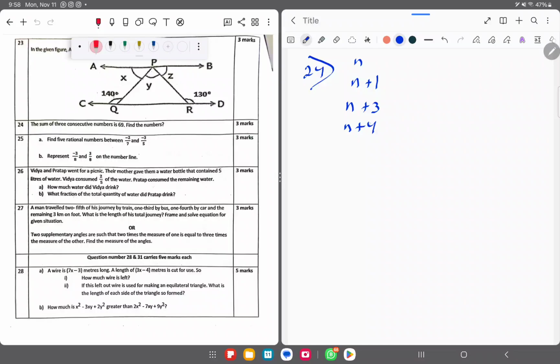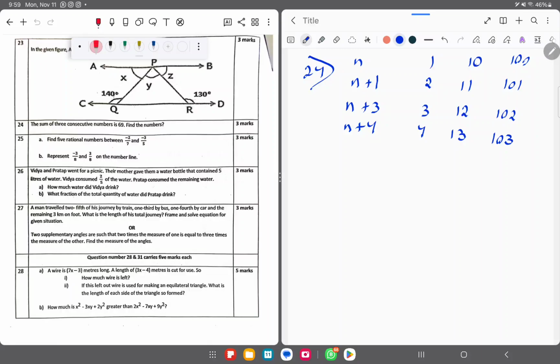These are consecutive numbers. If I started with 1, it's 1, 2, 3, 4, or if I started from 10, 11, 12, 13, or from 100, 101, 102, 103.